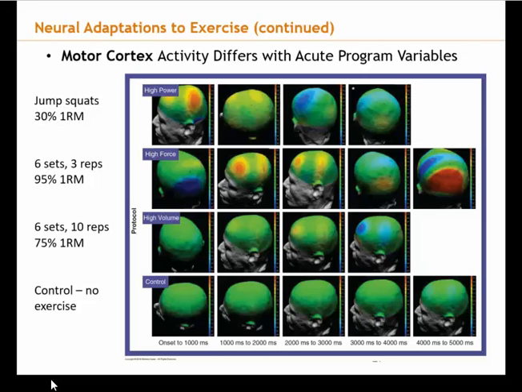So let's kind of go over it. We have different types of exercises and they're all very different. The main purpose of this study was to understand how the central nervous system plays a role in exercise adaptation. These technological advances can provide new insights into the functions of the brain. So research supports that the motor cortex or motor cortical activity will increase with an increase in exercise intensity.